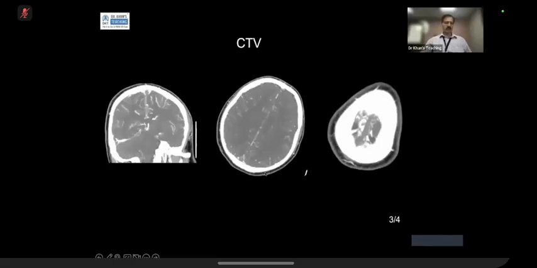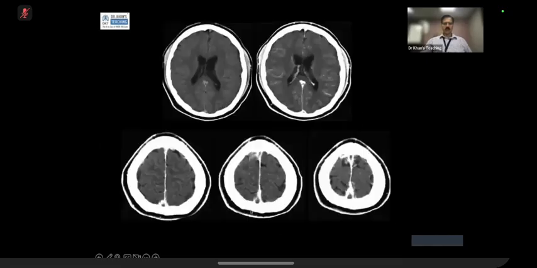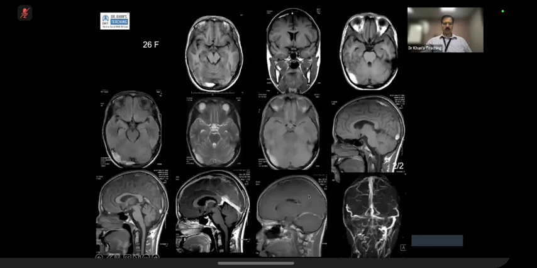CT venogram is a very good study, maybe better than an MRV, and you should ask it. If a CT is provided to you, ask for a CT venogram. This is another example, the same case in which after 14 hours presented with multiple further hemorrhages. Another case of empty delta sign, venous sinus thrombosis.